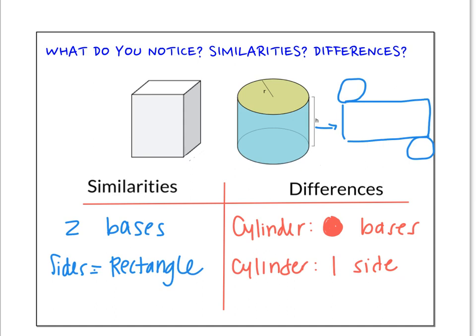Even that similarity has a difference within it, because for a cylinder, that is just one side that unfolds to one rectangle. Whereas prisms have separate sides that together make the larger rectangle. So in this one here, there would be four rectangles that together create one large one.